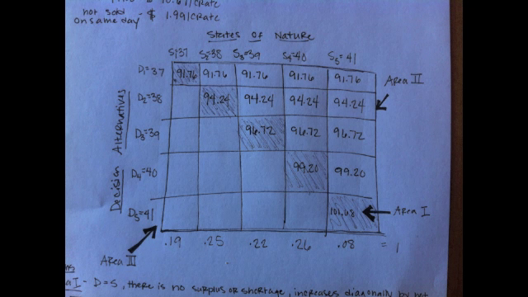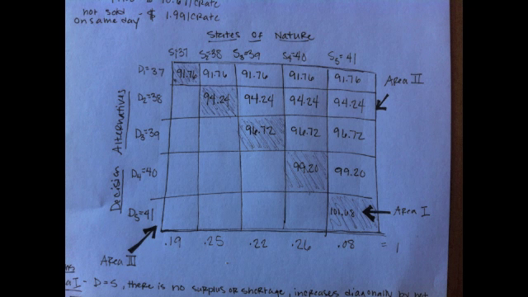Area 3 is where you have a surplus. You bought too many, people didn't want them, so you're going to have to sell them at a lower price in order to get rid of them, which will mean you have to eat some of the cost.